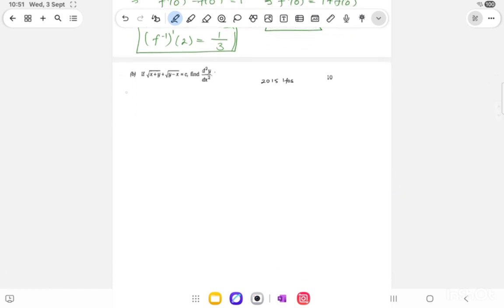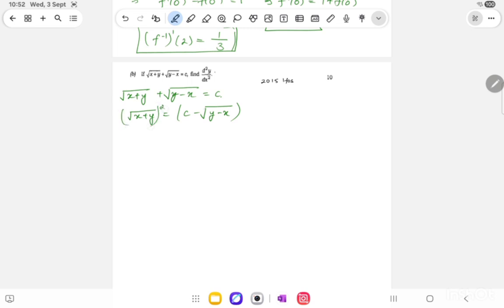So the next question is under root x plus y plus under root y minus x is equal to c, and we are supposed to find d square y by dx square. So first let us simplify it for y. We'll be getting under root x plus y is equal to c minus under root y minus x.